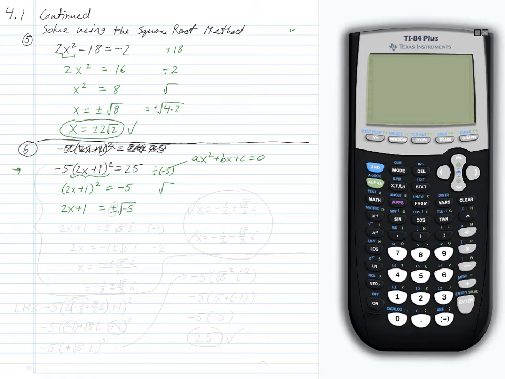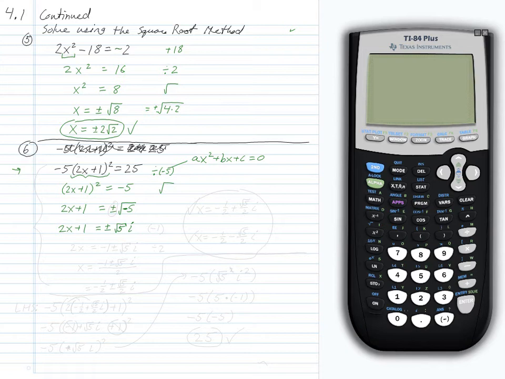Now, back in 4.0, we figured out a way to simplify this. We could write this as 2x plus 1 equals positive or negative root 5 times i. We can pull that negative outside of the radical and call it i on the outside.